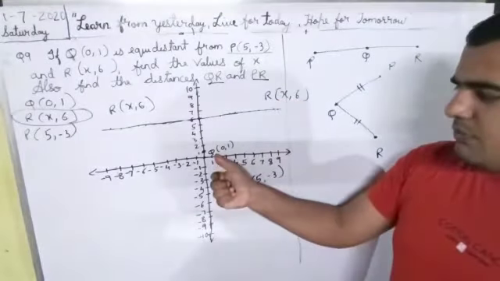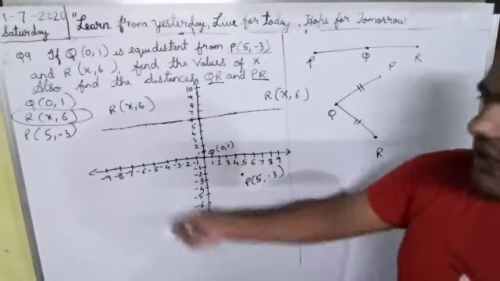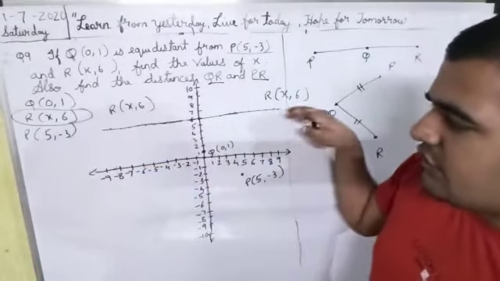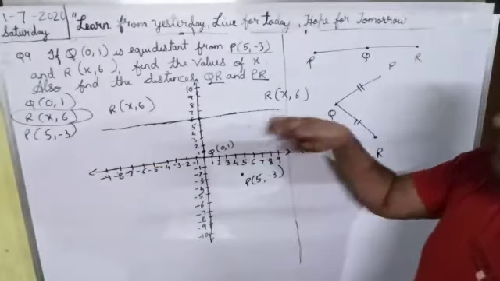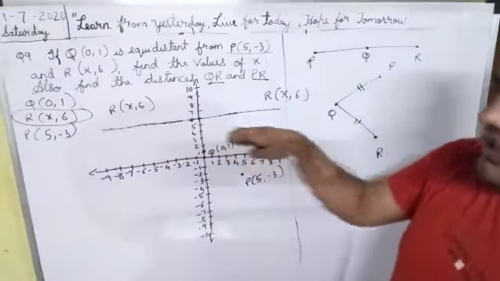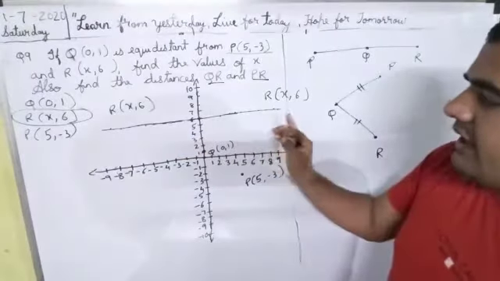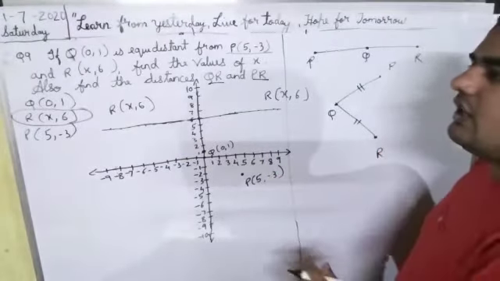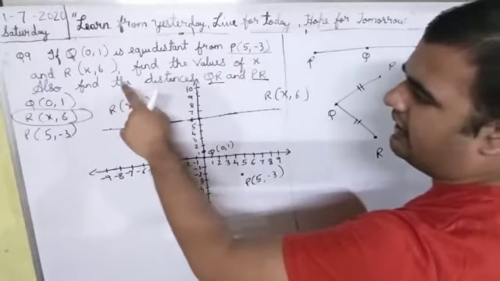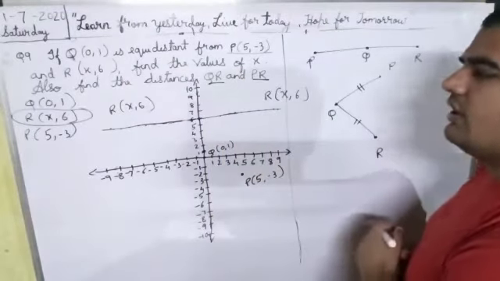We got Q, all of you know how to plot it, then P also. But what about R? X is unknown but Y is known, that is 6. So it is fixed that Y is 6, meaning this line will be there, but X may be any point along it. Now we need to find the value of x and also the distance QR.